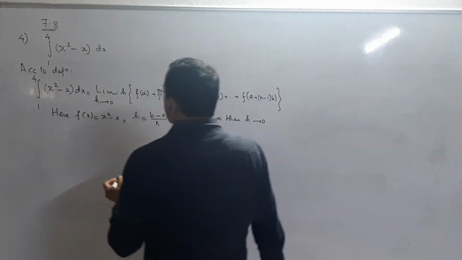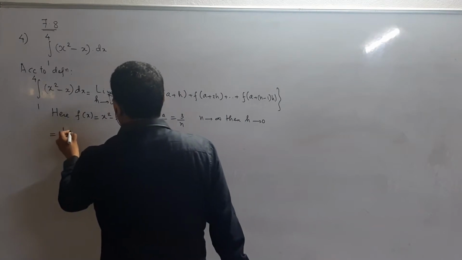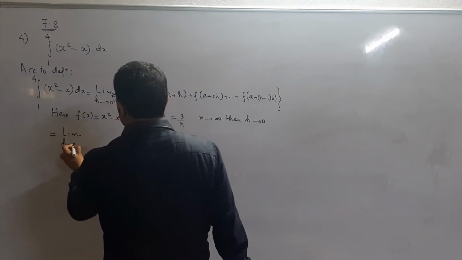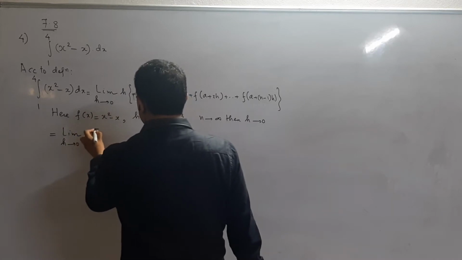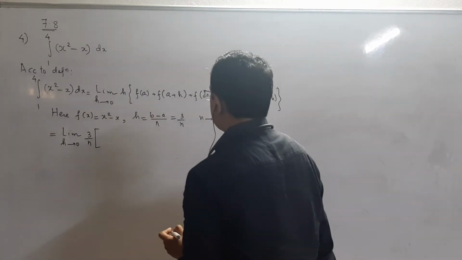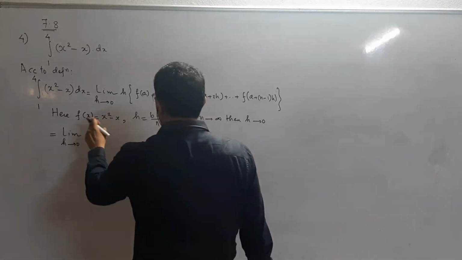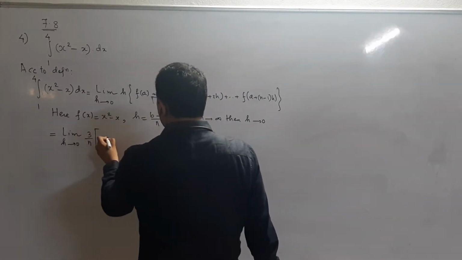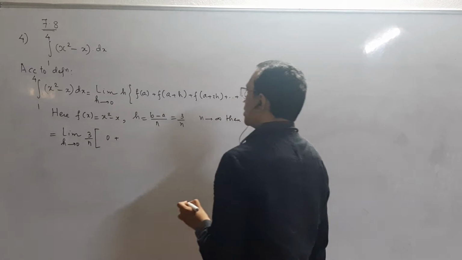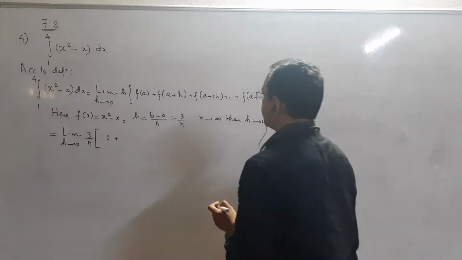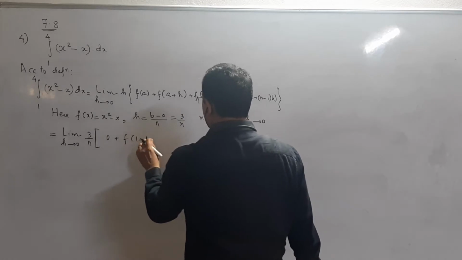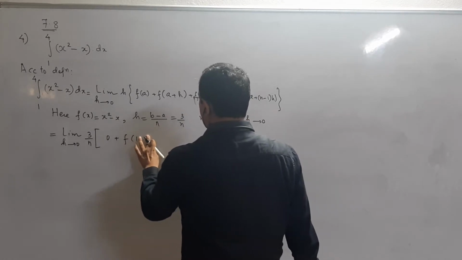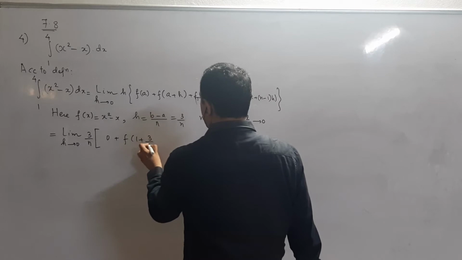So substituting this value students, we have limit h tends to 0, h is 3 by n, f of a is f of 1, so f of 1 will be 1 square minus 1, so you can say 0. f of a plus h will be f of 1 plus h, and h is nothing but 3 by n.